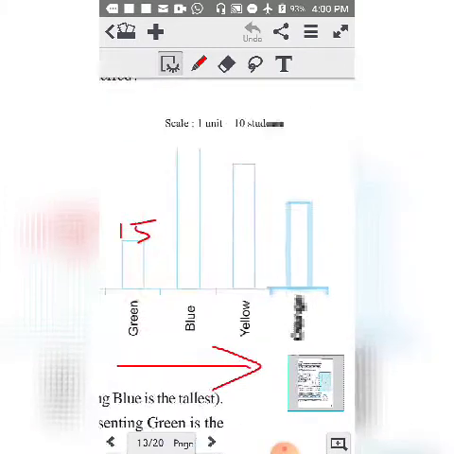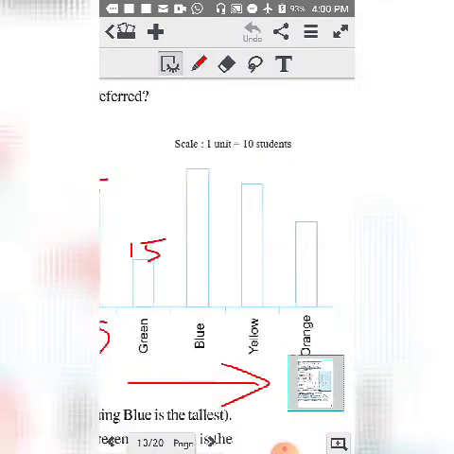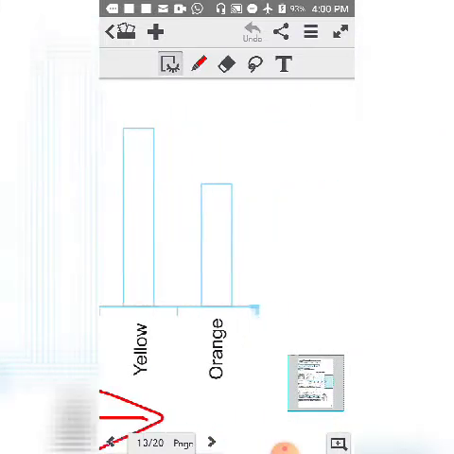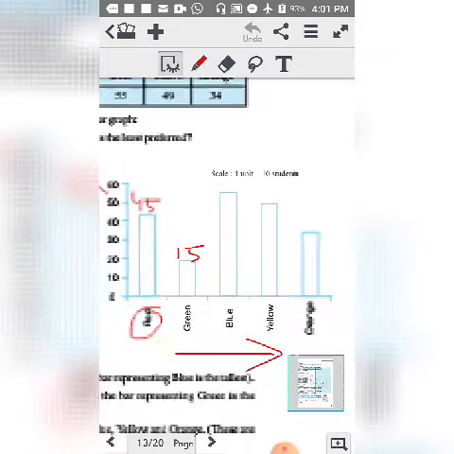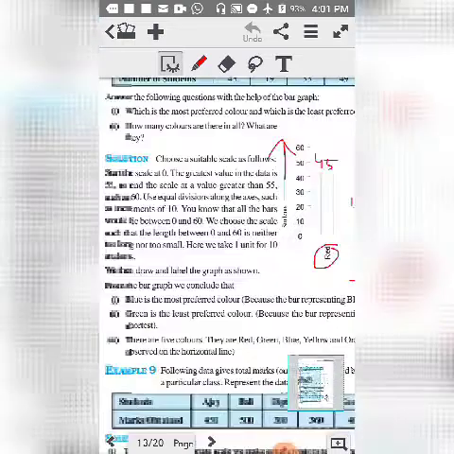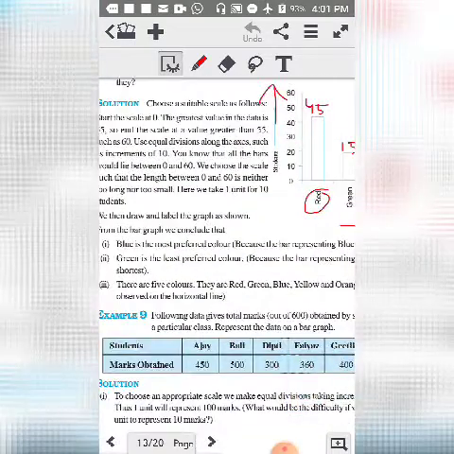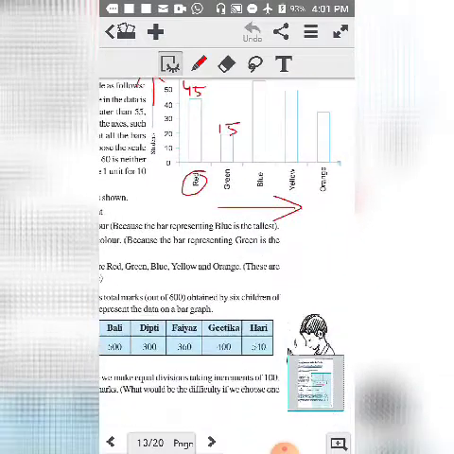The height of the blue rectangle is maximum, so blue color is preferred more. And which color is preferred the least? The height of green. Green is preferred least because the height of the rectangle is less. So you have to give information based on this. There are 5 colors: red, green, blue, yellow, orange. So this is called reading of the bar graph.